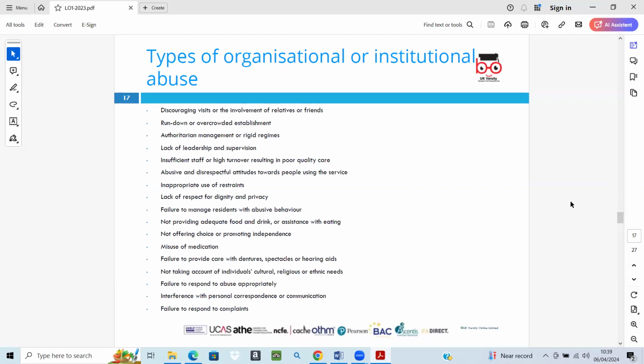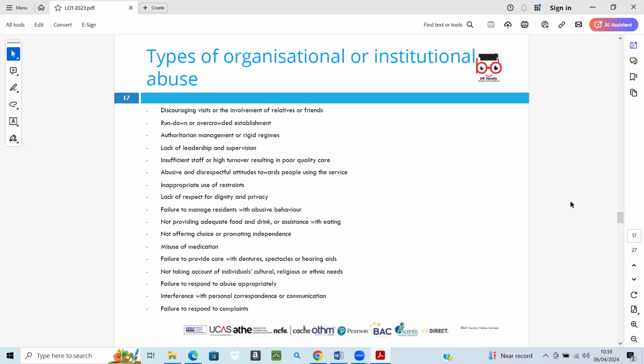So it's not only related to the health and social care industry, it's related to any industry. And abusive and disrespectful attitudes toward people using the service, then inappropriate use of restraint, lack of respect for dignity and privacy.